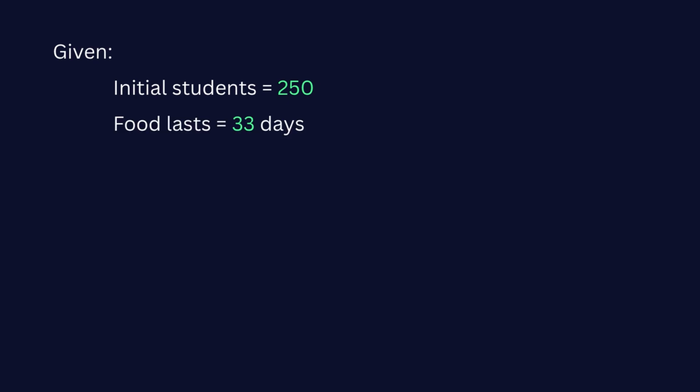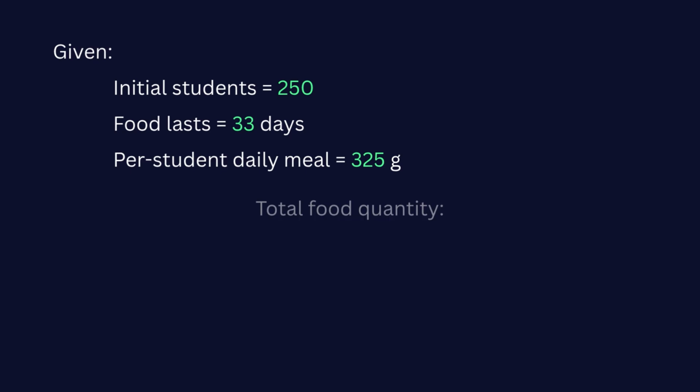From the question, the initial number of students is 250, the number of days the food will last is 33 days, and each student gets 325 grams of meal. So we can write the total food as 250 times 33 times 325 grams.